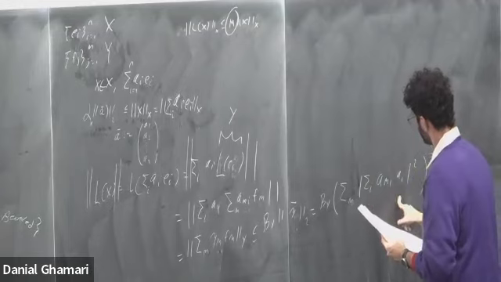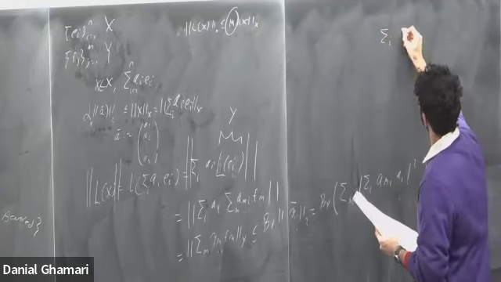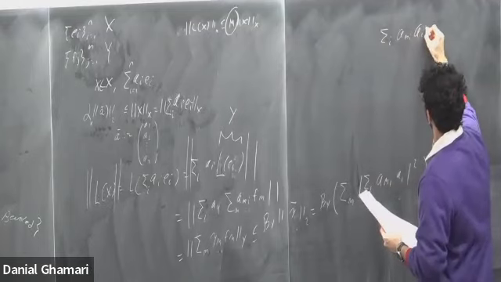And now what I have here is a sum over i of two numbers, a_{m,i} and a_i.